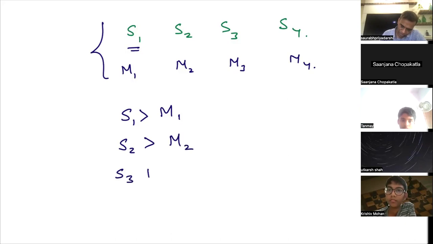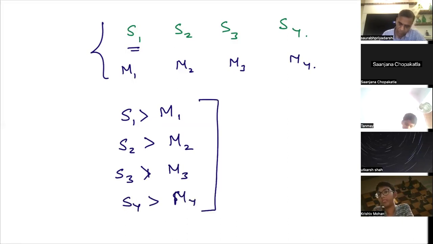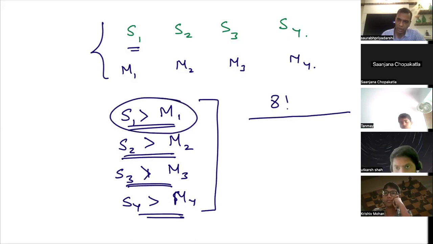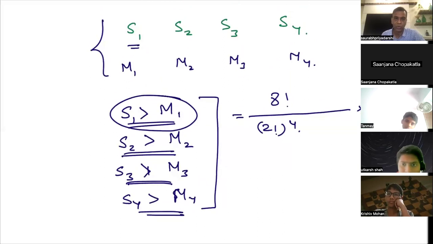Similarly, S3 must come before M3 and S4 must come before M4. Right. The restrictions are given in these cases. So total number of arrangements, but we have to restrict the arrangement of S1 and M1 first, second, third, and fourth, and we have to arrange them in one way. So this is factorial 8 by factorial 2 to the power 4.